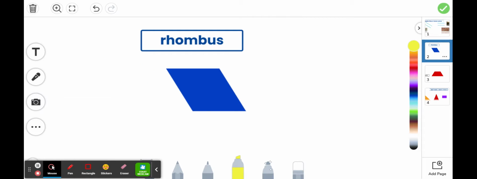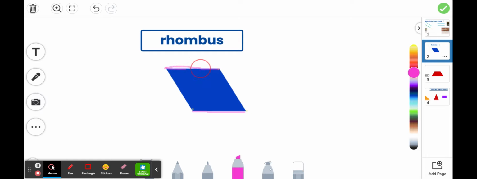So when we describe shapes, the rhombus has 4 sides, it has 4 vertices, and it has 2 pairs of parallel lines. Since I'm using the word pairs, 2 pairs of parallel lines, this line and this line, that may have been confusing to you.